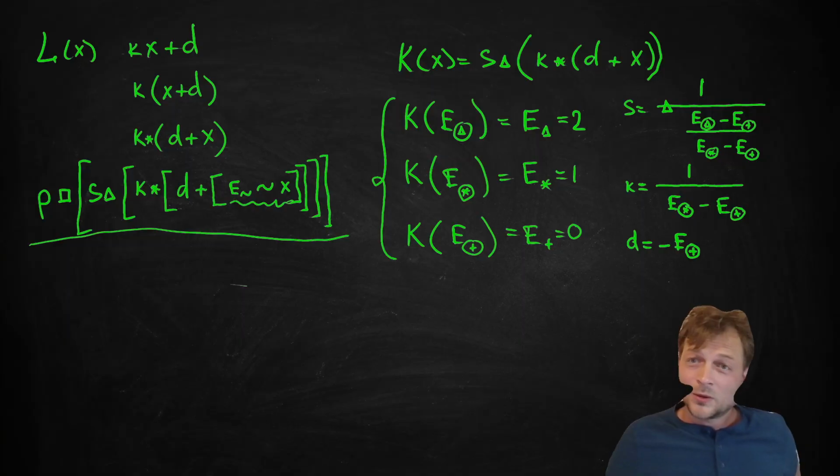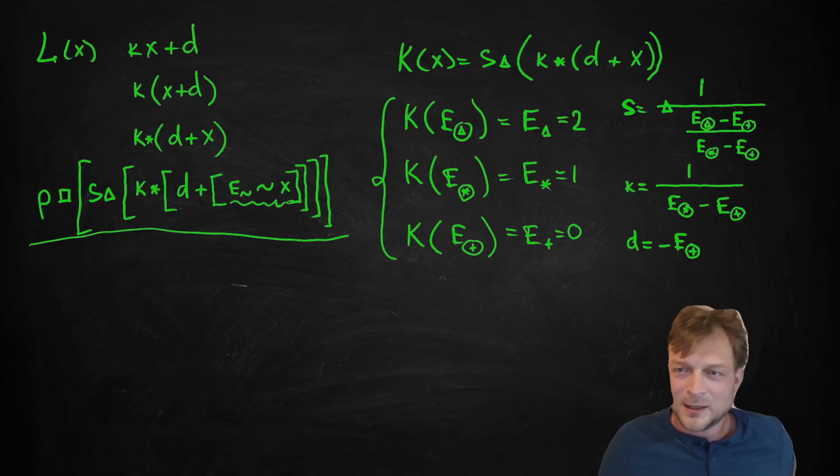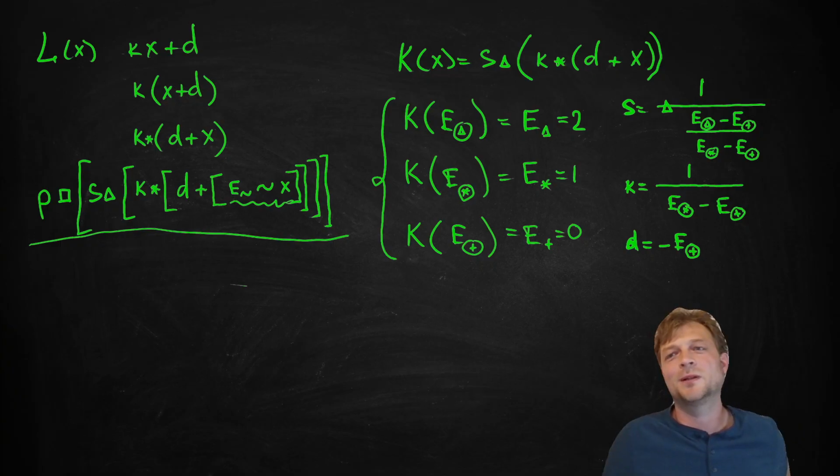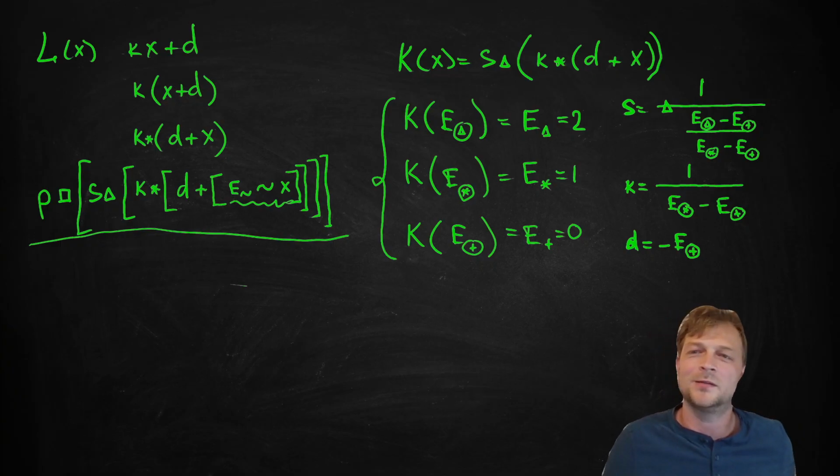So once we got these solutions for S, K, and D, you are already seeing some similarities here, right? You can basically define this recursively for any number of operations.